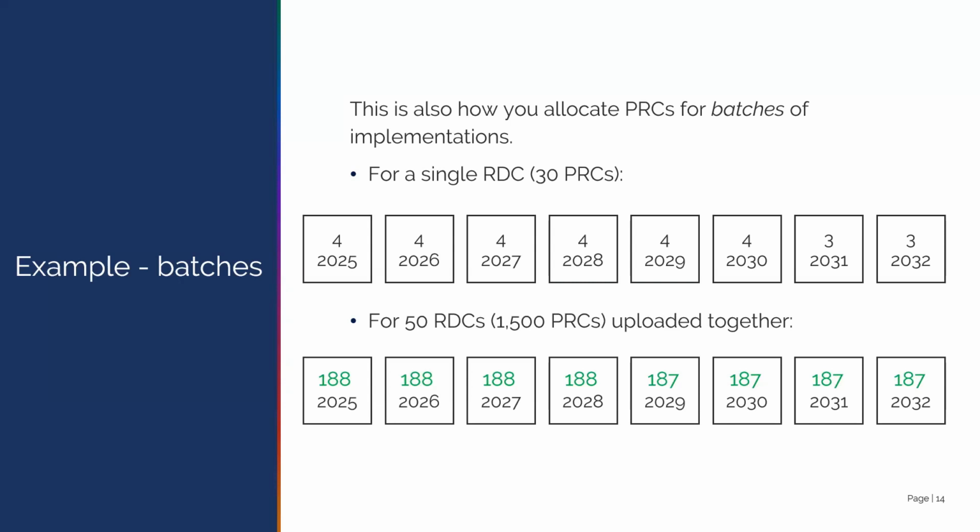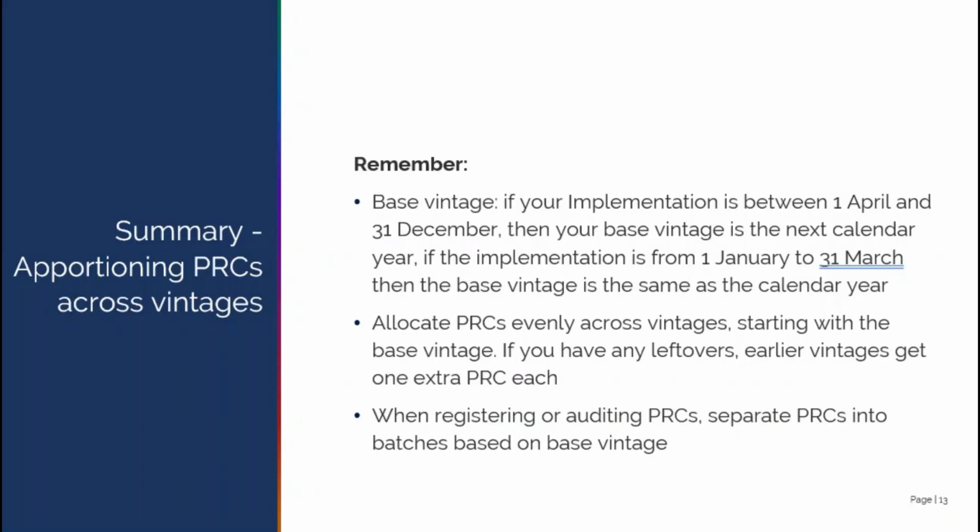So in summary, if your implementation is between 1 April and 31 December, then your base vintage is the next calendar year. If the implementation is from 1 January to 31 March, then the base vintage takes on the same year as the calendar year.